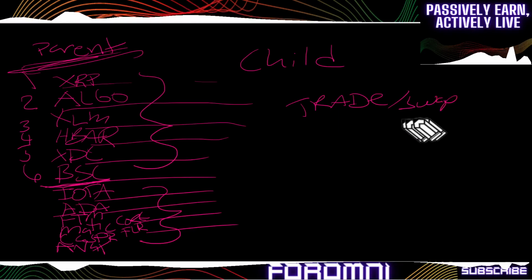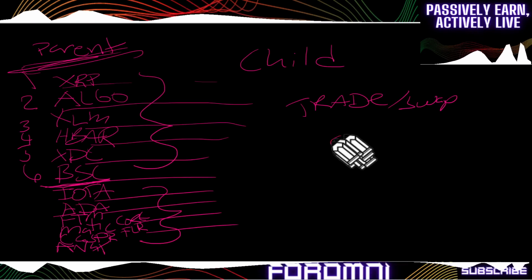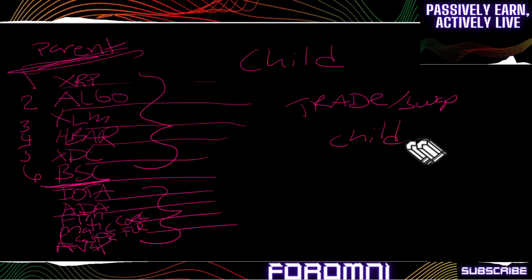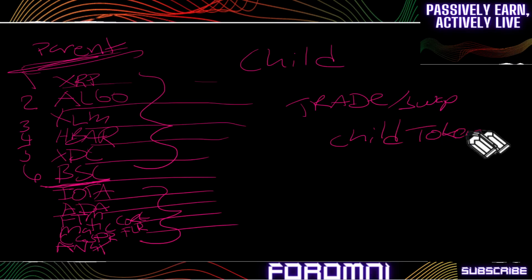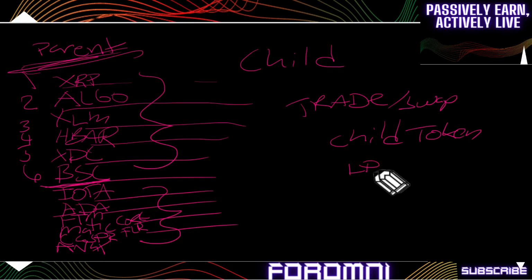And can you trade or swap not just into a stable coin, but into a child asset, a child token? And then from there, can you possibly add liquidity into a liquidity pool, or can you stake them?